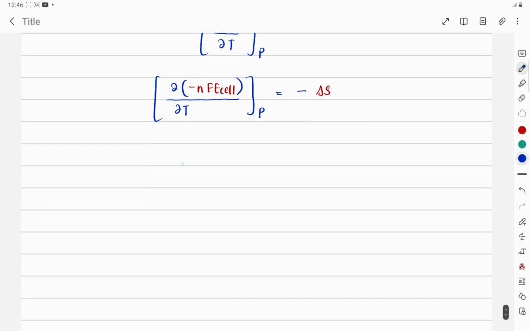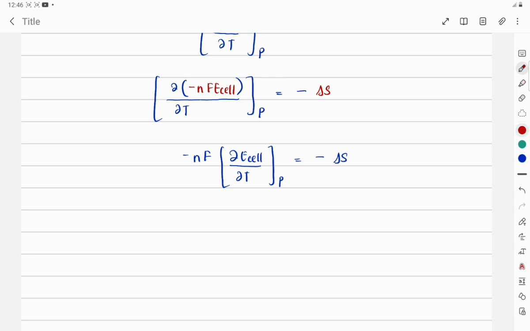So you will have minus NF into dou E cell by dou T at constant pressure is equal to minus delta S.